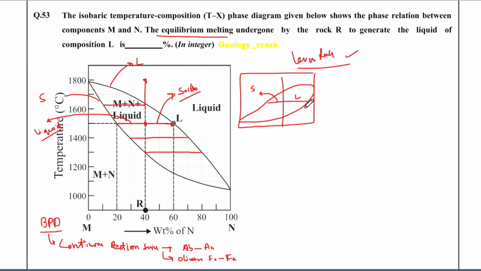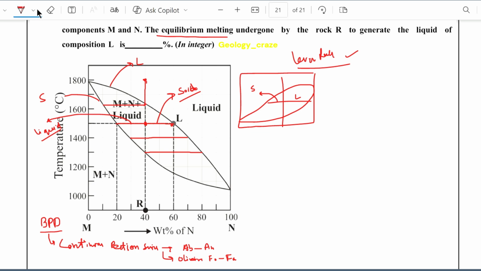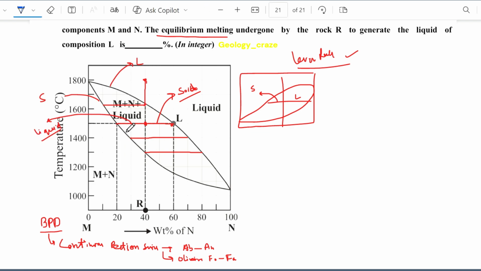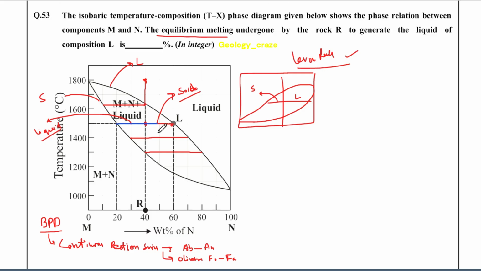Now first we will calculate for this one, the question that is given to us, and then we will solve the rest.